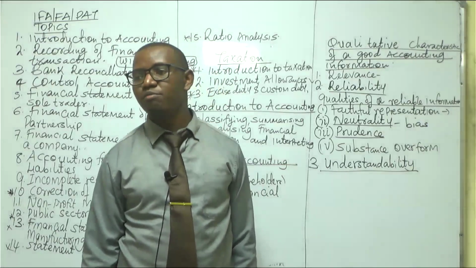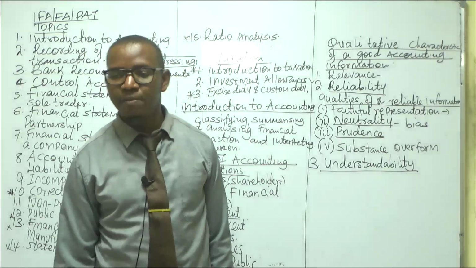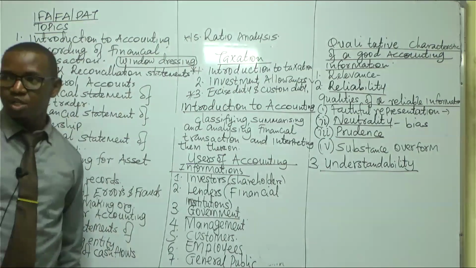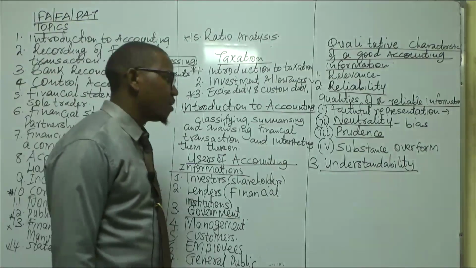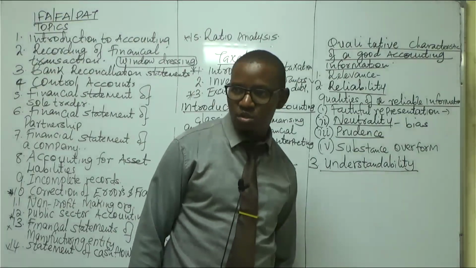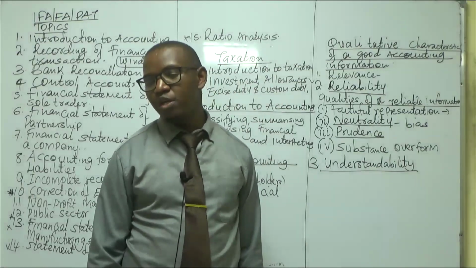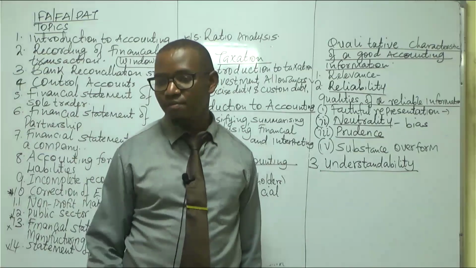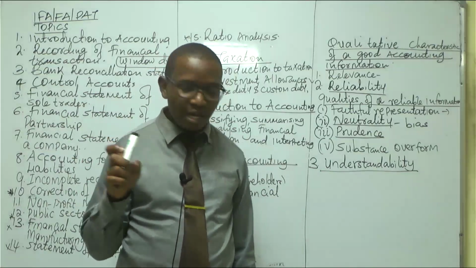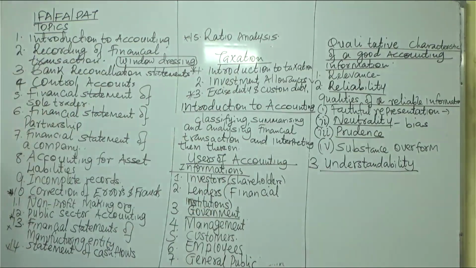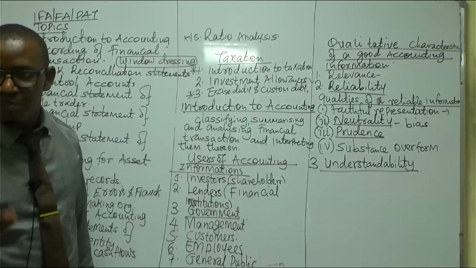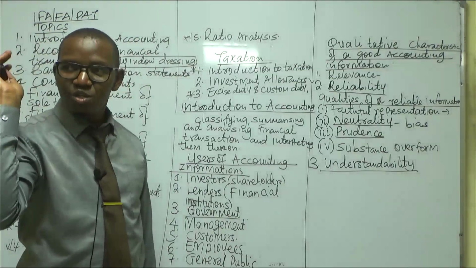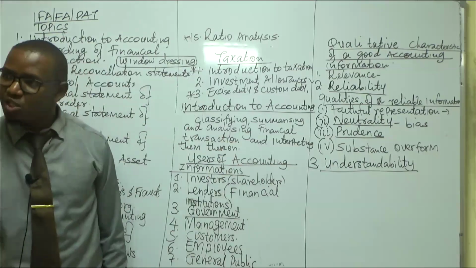The users of accounting information must well understand the information. Those we have mentioned here must understand what you are giving, because accounting is information. So they must understand that information.